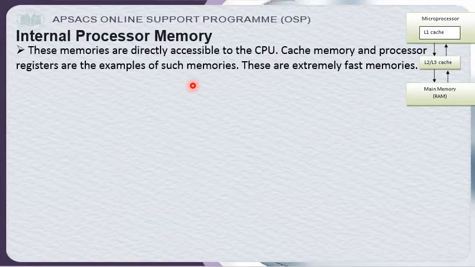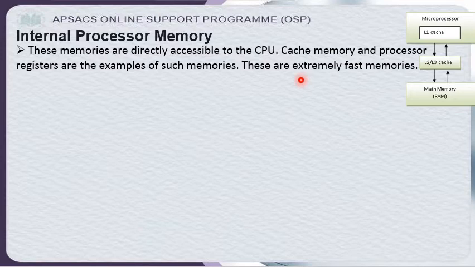These are the fastest memory. If we talk about cache memory and registers, these two types are the fastest memory, and they are also expensive. Remember that when you are buying your system, you check how much cache memory is inside it.